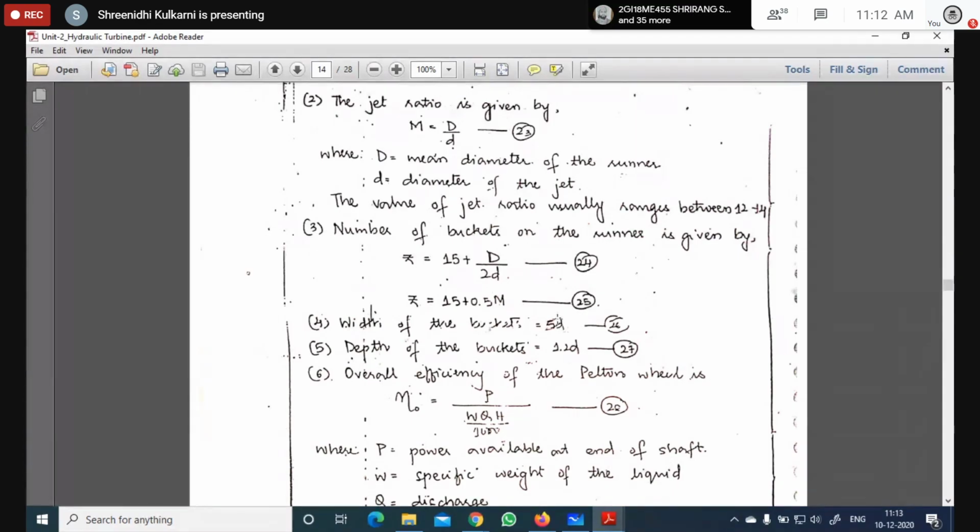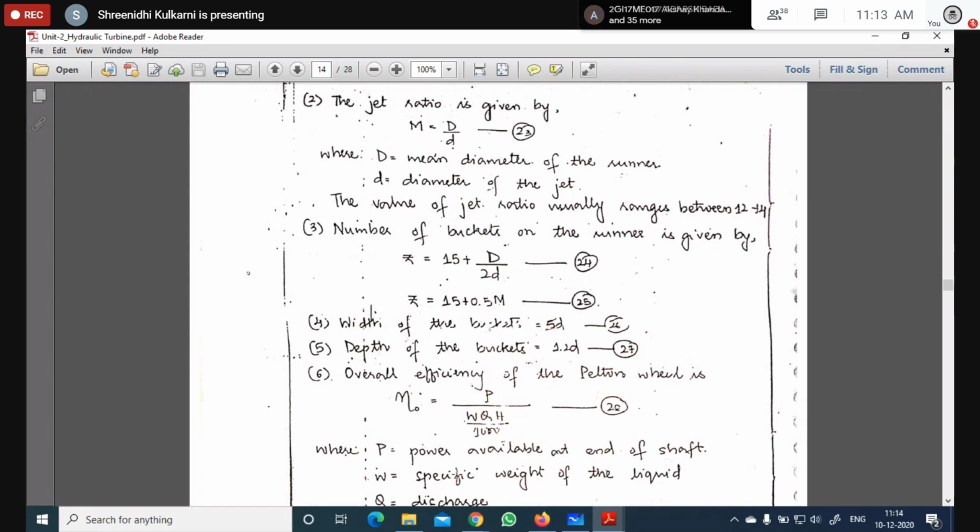Take down the fifth one. Depth of the bucket. It is 1.2 times the diameter of the jet, so 1.2 into small d.